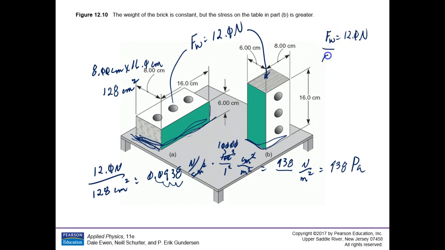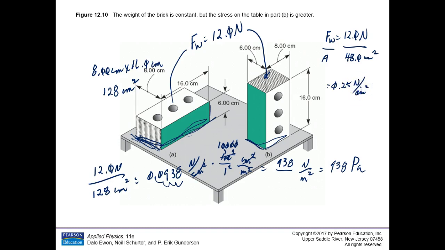Per unit area, now the area being covered is 6 by 8, which is 48.0 square centimeters. And if you divide 12 by 48, I think I can do that one in my head. That's 0.25 newtons per square centimeter.